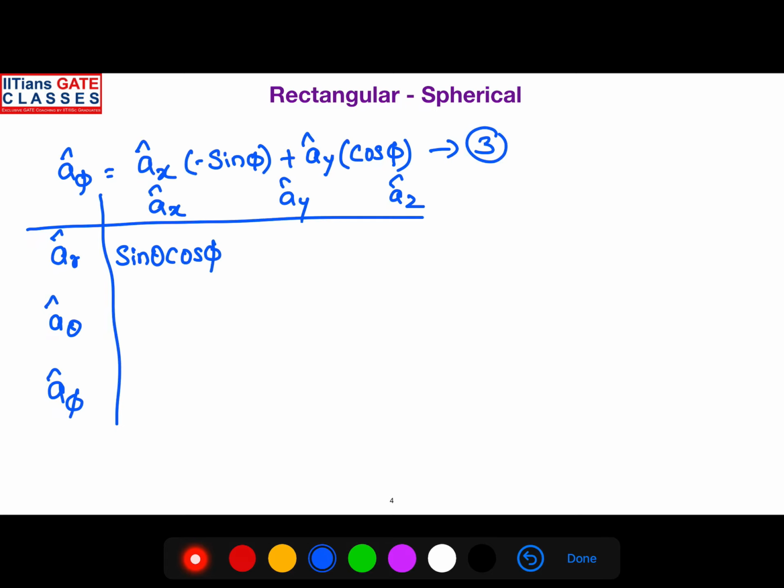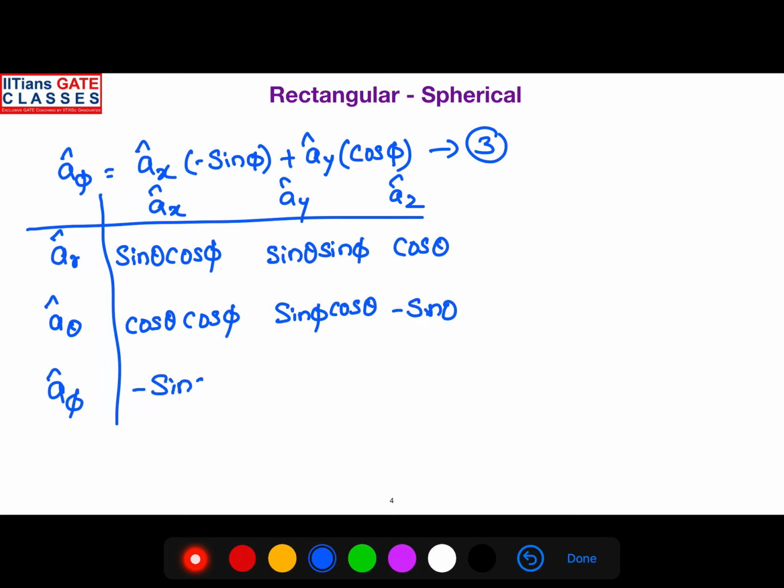The factors of AR are sin theta cos phi, sin theta sin phi, and the az coefficient cos theta. A theta is also the same: cos theta cos phi, sin phi cos theta, and minus sin theta. And the a phi coefficients, as you can see in equation 3, are minus sin phi, cos phi and 0.